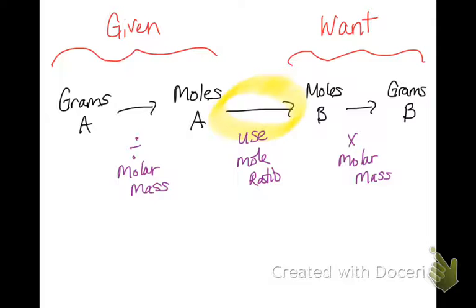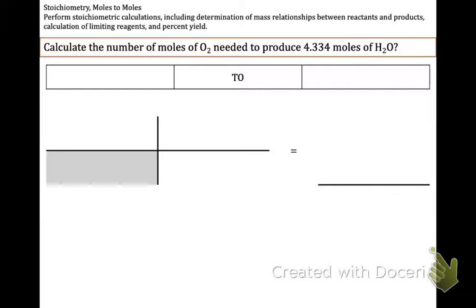All right, let's take a look at a practice problem here. Calculate the number of moles of oxygen needed to produce 4.334 moles of H2O. We need a balanced equation for this, and most of the time you'll already have it, but for some reason this slide doesn't. So H2 plus O2 yields H2O.